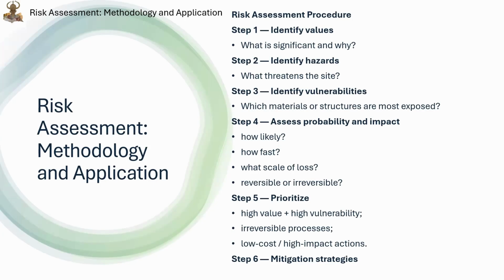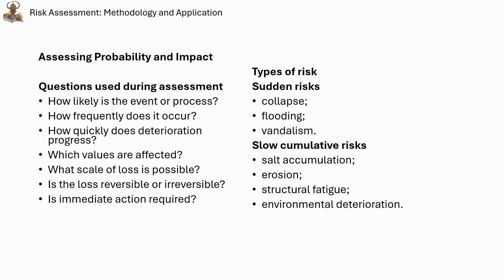Fifth, prioritize. And finally, define mitigation strategies. And this structure is useful because it forces conservation teams to move logically from significance to action. And it also helps interdisciplinary teams communicate using this shared structure.